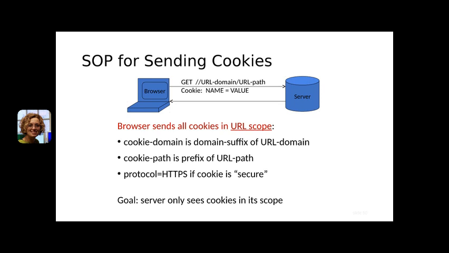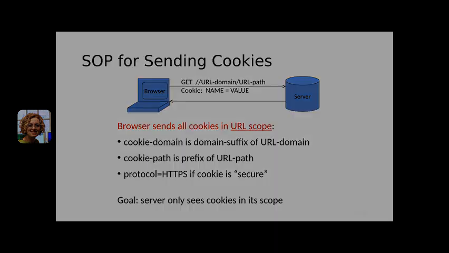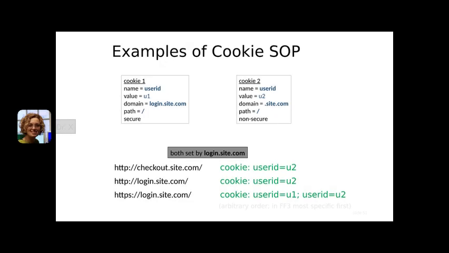And the goal is to use cookies within the scope of the specific server. Okay, so here, look at these three sites and look that all of these are set by login.site.com because they are within the scope of this domain and within the scope of this server.